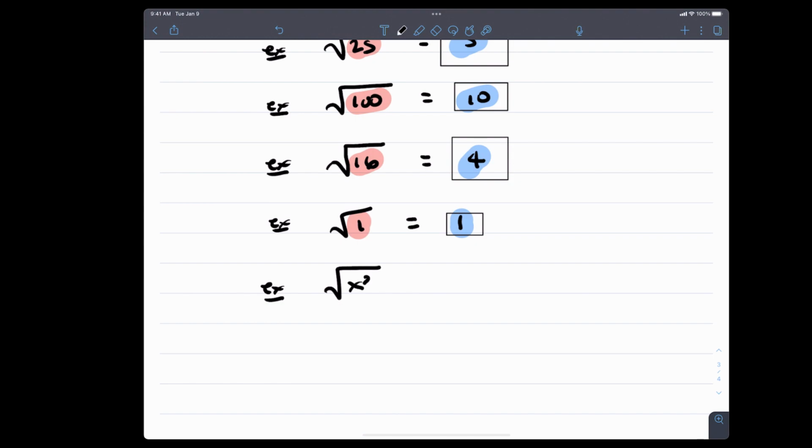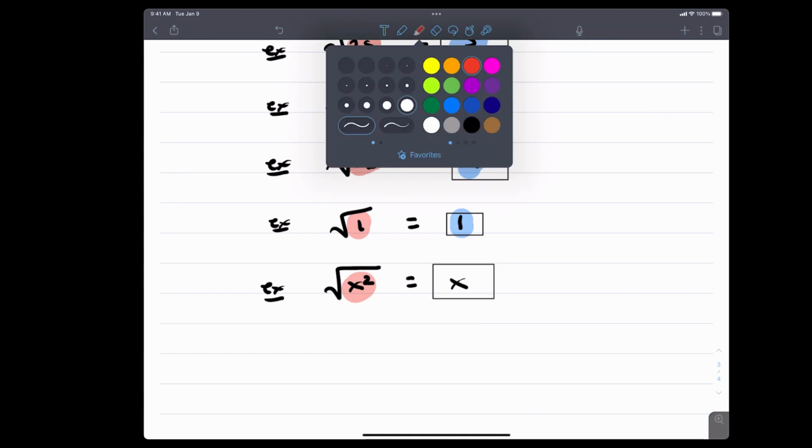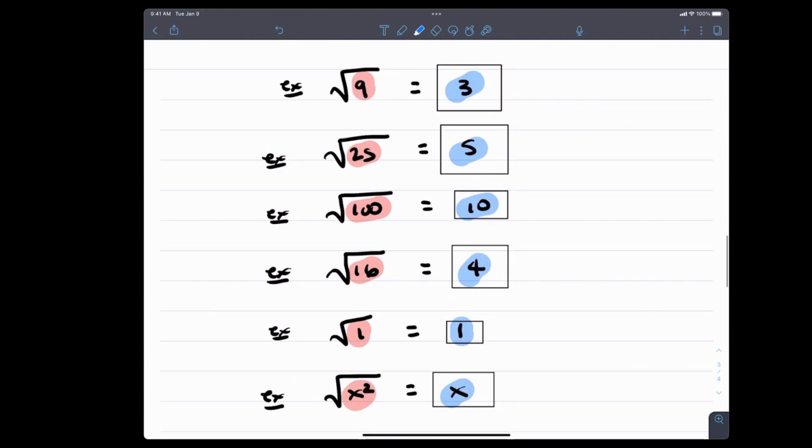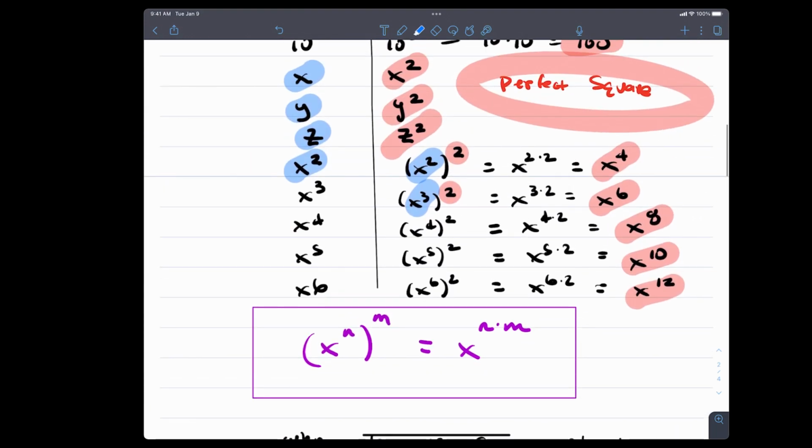Square root of x to the second power. What's the square root of x to the second power? That's just a what? It's an x. There's your base. Ladies and gentlemen, you say, how is the square root of x squared just x?